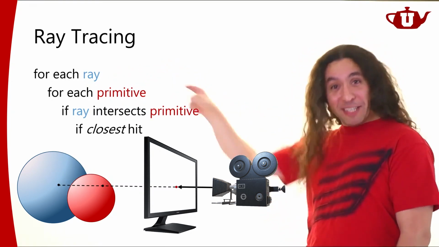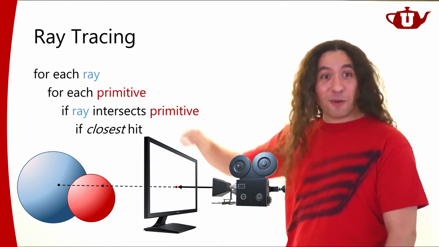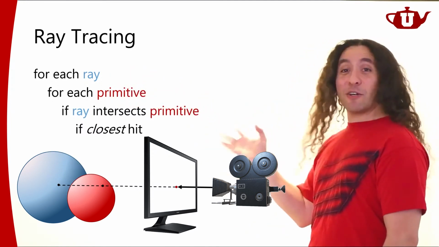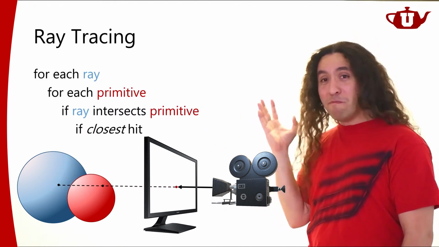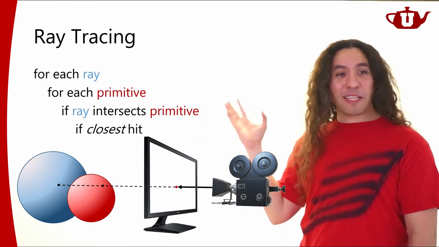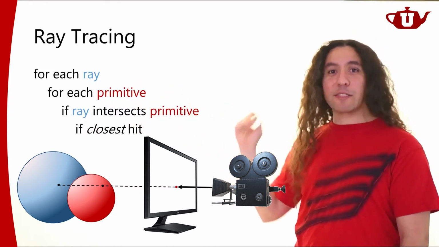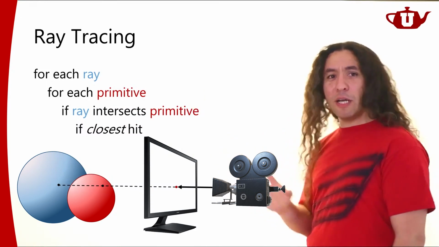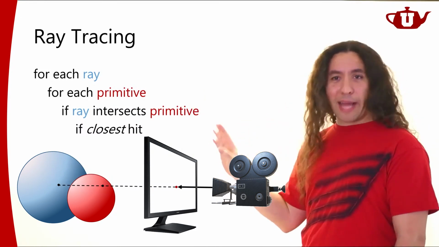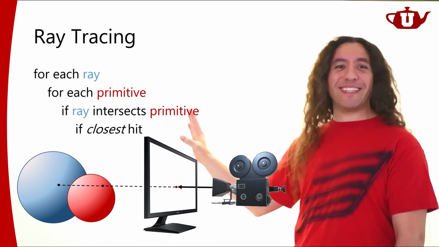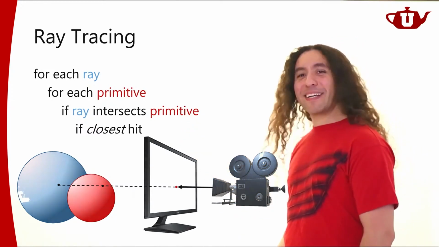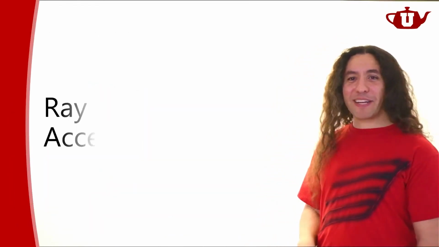Million times million is what this thing looks like. This is not going to finish anytime soon. This is going to be massively slow. This brute force way of doing ray tracing is going to be massively slow. So no, we cannot do that, and that's why we're not doing this. We're doing things that are better than this.